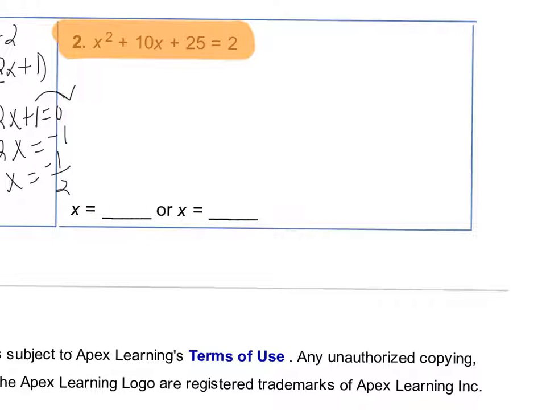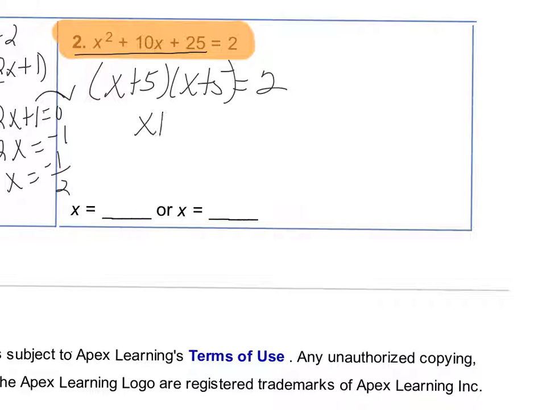Okay, number 2, x squared plus 10x plus 25 equals 2. You can see a perfect square right here. Those can be factored to x plus 5 times x plus 5. x plus 5 times x plus 5 is nothing more than x plus 5 squared equals 2. So the only way to get rid of a square is to square root both sides.